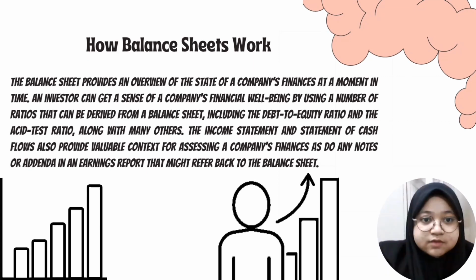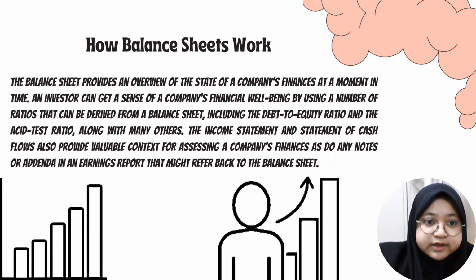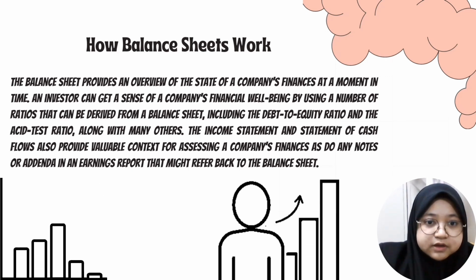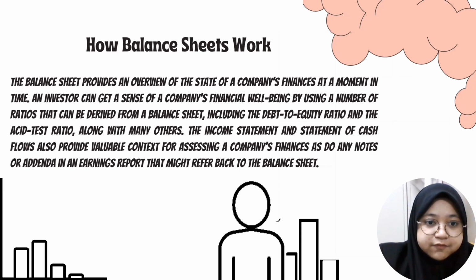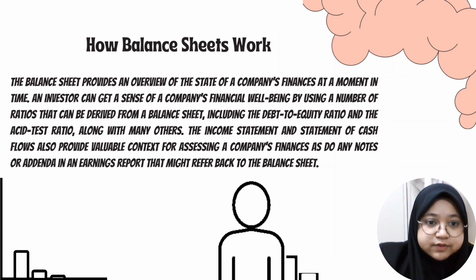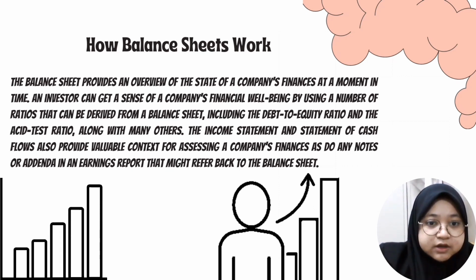How the balance sheet works. The balance sheet provides an overview of the state of a company's finances at a moment in time. An investor can get a sense of a company's financial well-being by using a number of ratios that can be derived from a balance sheet, including the debt to equity ratio and the acid test ratio, along with many others.